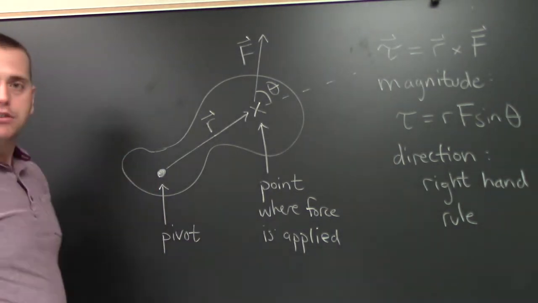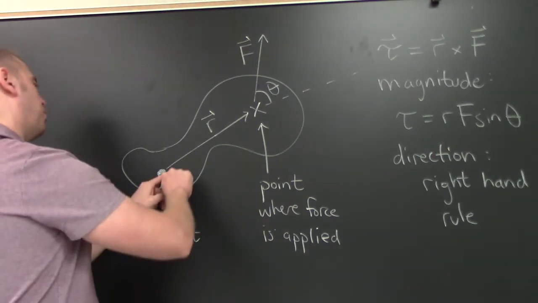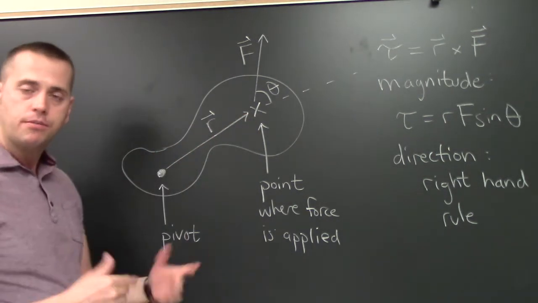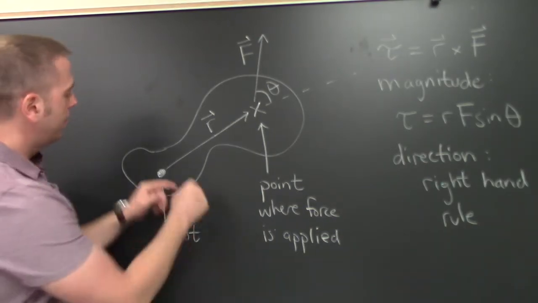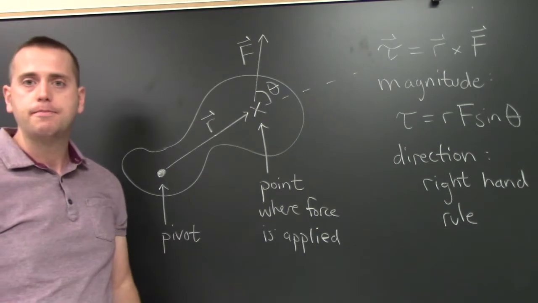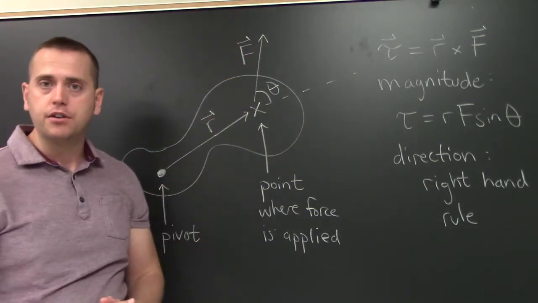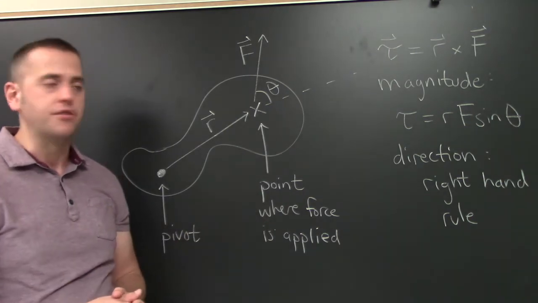So there are two vectors right away that we need to point out here. The first one is a vector which we'll call R, or the radial vector. That points from the pivot to this point where the force is applied. That's the radial vector R. F is just our force vector, and again, that can be in whatever direction.